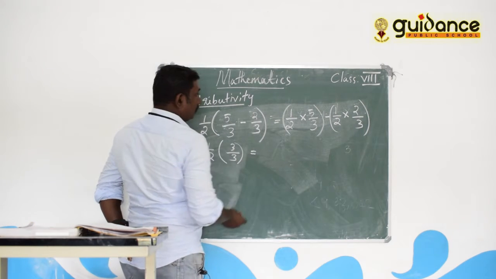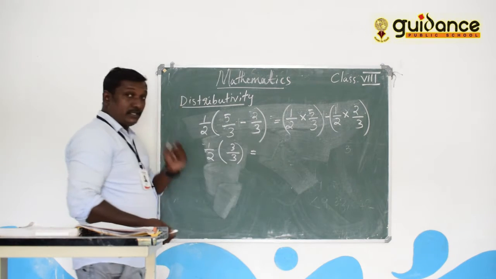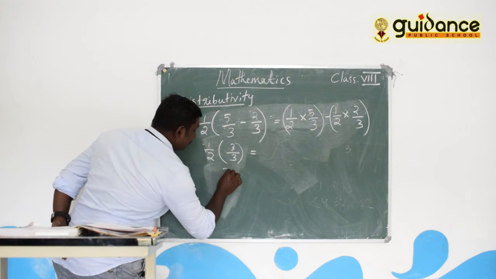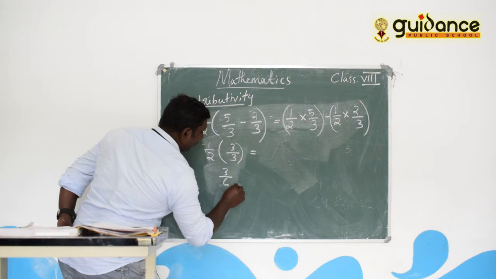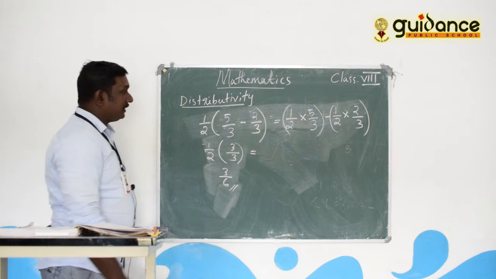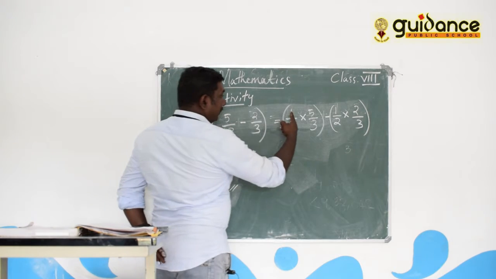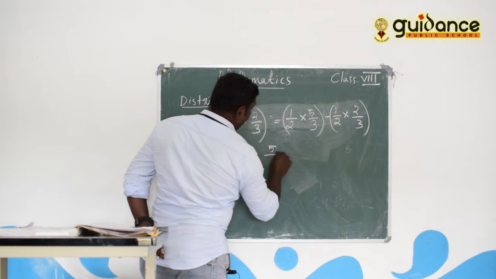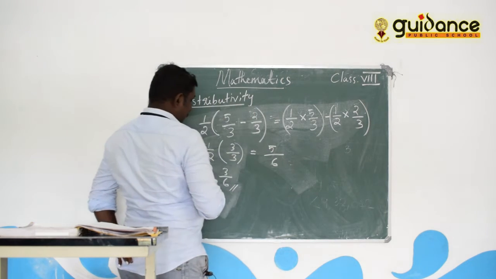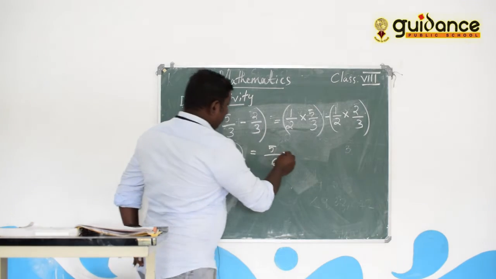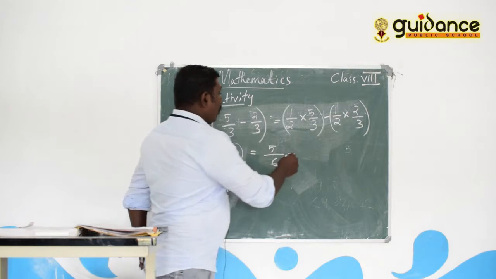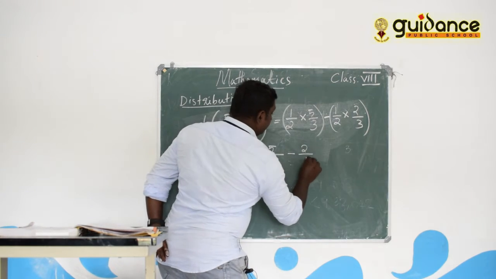So first we can do the left hand side. Then 1 into 3, 3 by 6. This is the left hand side. We can go through the right hand side. So 1 into 5, 5 by 6, minus, subtraction is there, 1 into 2, 2 by 6.